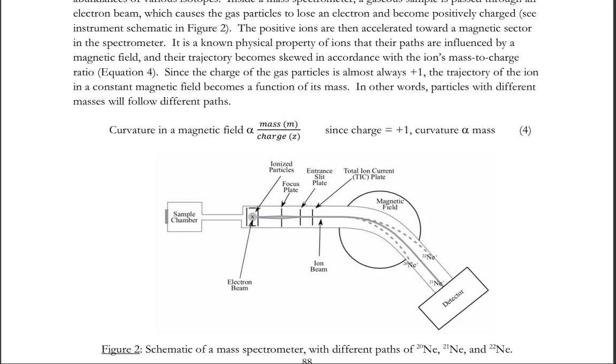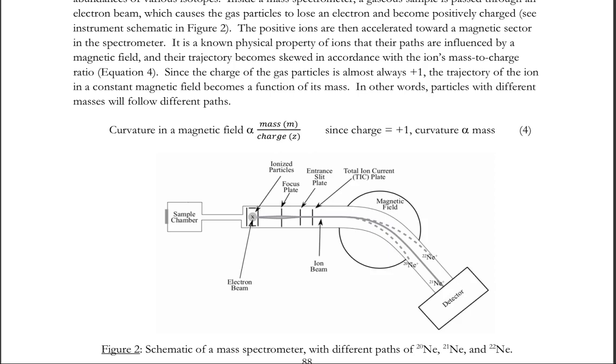So now we have a bunch of neon cations, and this device is set up so any cation with a charge greater than +1 ends up being collected in a vacuum. What we have in the ion beam is neon, the various isotopes, 20, 21, and 22, with a +1 charge.